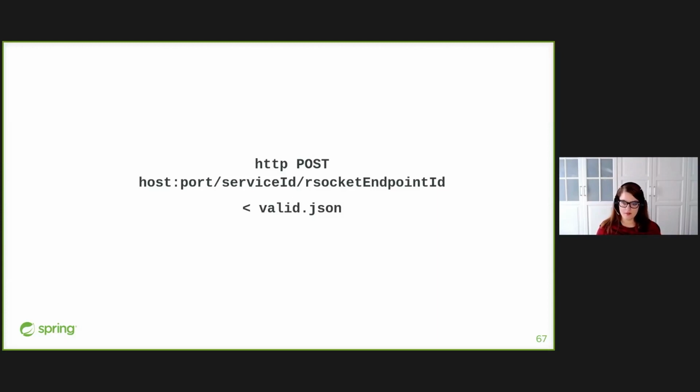So you just pass this information, and then you pass your payload, for example, as JSON, because that's how your system is talking right now, yes? And then you can also pass tags as headers. What the bridge will do is parse all this information, connect to the broker, convert the payload to byte arrays, and then through the broker, pass it to the right RSocket service instance and endpoint.